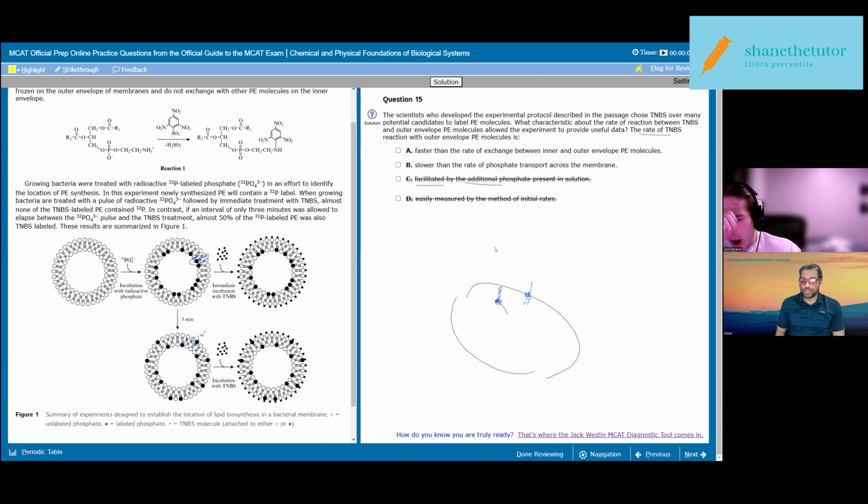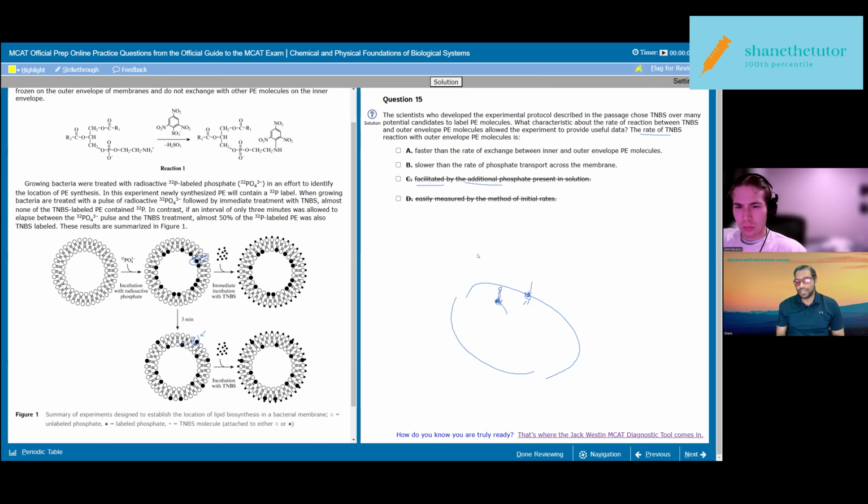And there's only two ways that could happen. Either the phosphate travels through, or the molecule itself flips. And we know that it can't be the phosphate going through because the phosphate is hydrophilic. It can't go through the hydrophobic part of the membrane.